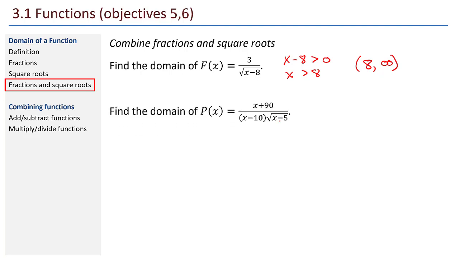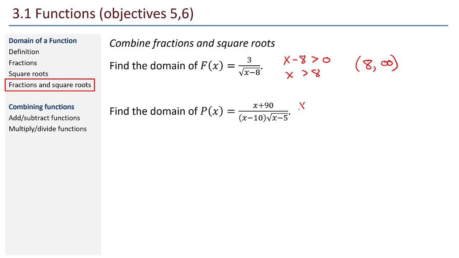How about the domain of this function? Well, there's something in the numerator. Do I need to worry about that? I don't think so. The denominator is the only part where bad things could happen. Now, there's two factors here, x minus 10 and the square root of x minus 5. And these are being multiplied, so if x was actually 10, that would be a problem, because that would make this entire denominator 0.